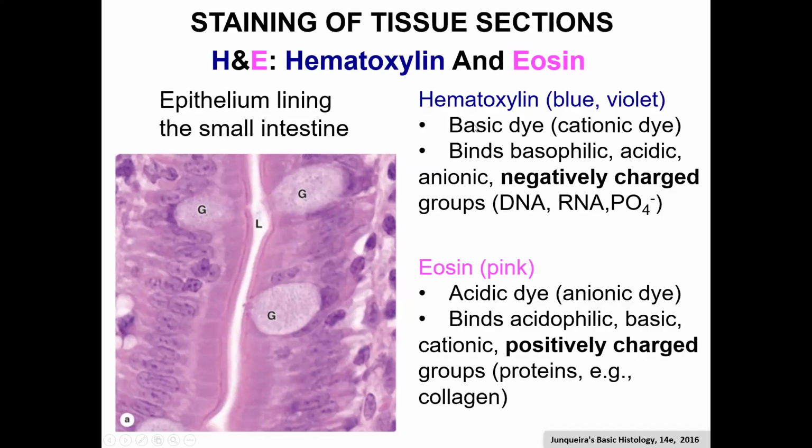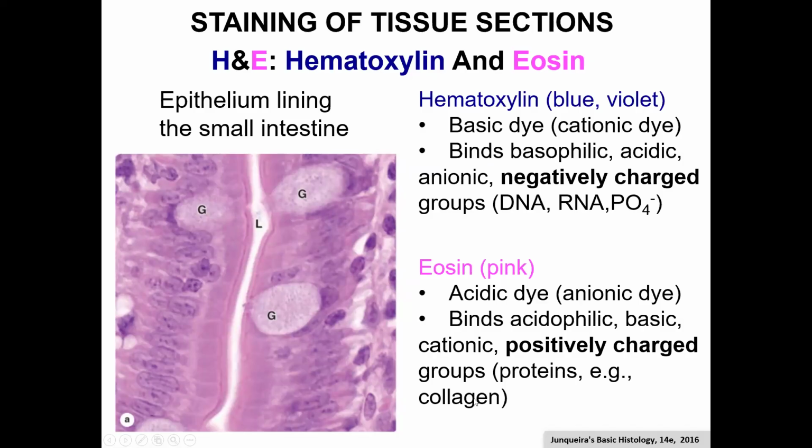To remember for the exam, what you should remember about hematoxylin is that it binds negatively charged groups. Eosin, by contrast, binds positively charged groups. There are positive charges in proteins. Lysine and arginine are positively charged amino acids, and proteins are in general more positively charged.